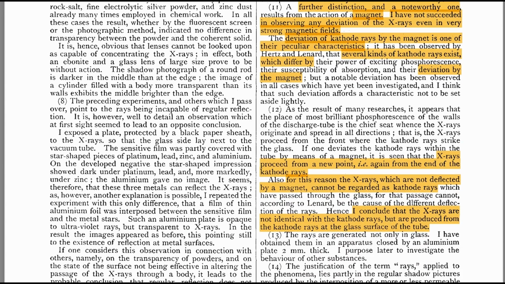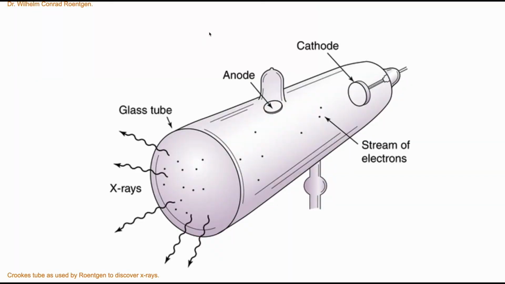In the next paragraph, Röntgen introduces a third reason why X-rays are different from the cathode rays. Here he notes that based on his many experiments, it appeared to him that X-rays proceed from the point where the cathode rays strike the glass, as this model shows here. So this is the cathode and this is the anode.